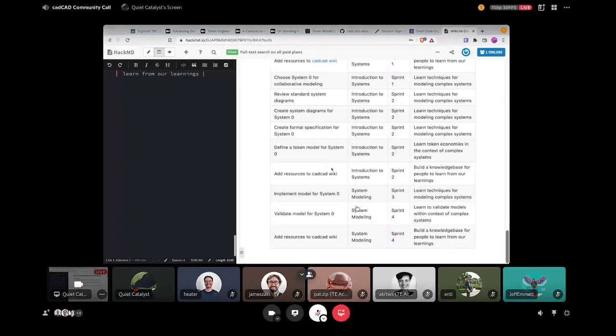And then for the third sprint, doing implementation of the model, and the fourth sprint would be doing validation of the model.